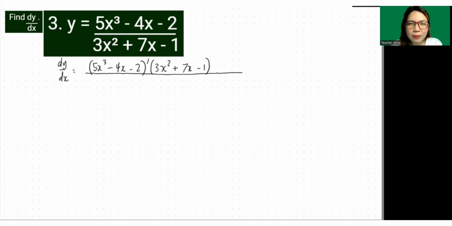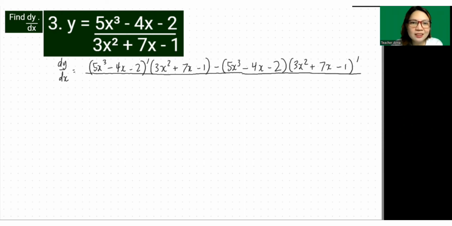Then we have minus the numerator 5x cubed minus 4x minus 2 multiplied by the derivative of the denominator, which is 3x squared plus 7x minus 1 prime all over, oh boy, this is long, the square of 3x squared plus 7x minus 1. There.